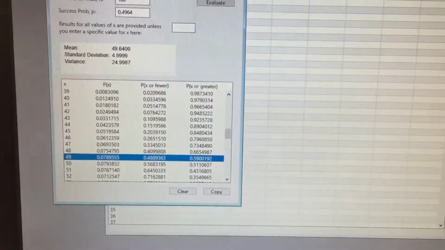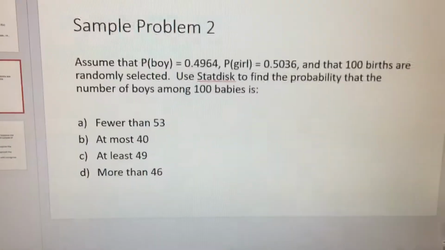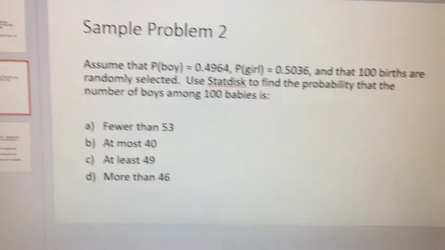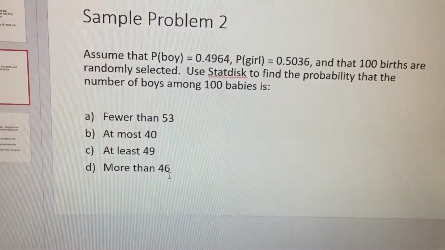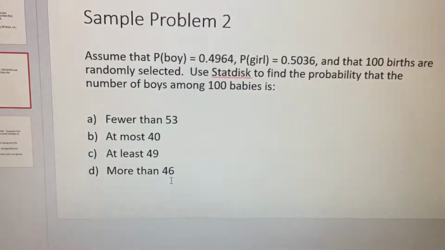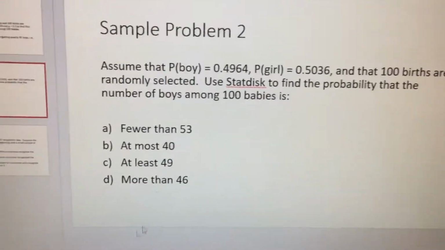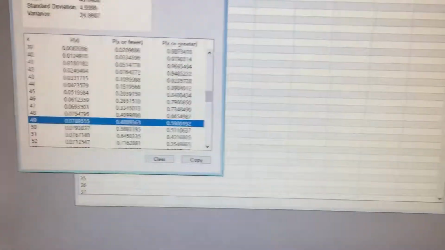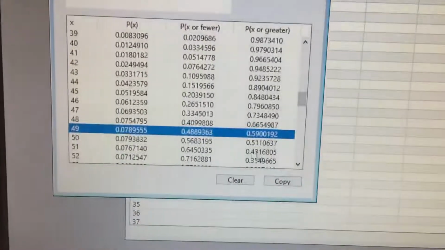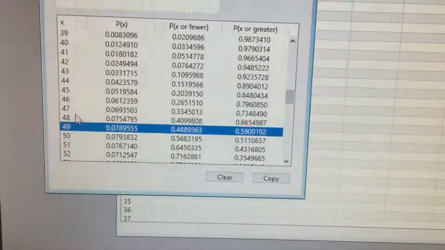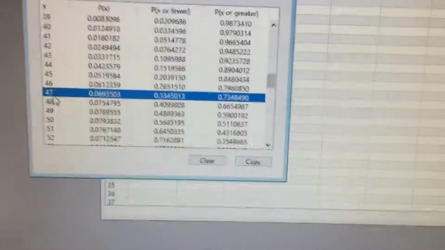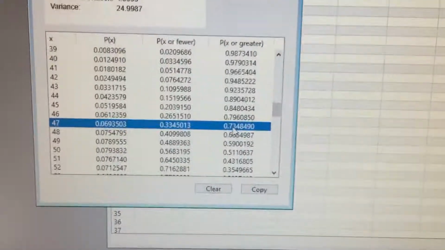And the last one, part D, more than 46. Well, if it's more than 46, that means the number 46 is not included. So we have to look at 47 or more, or in this case, 47 or greater. So going back to that, okay, we can't include 46. And if it's going to be more than 46, we have to look at 47 or more.